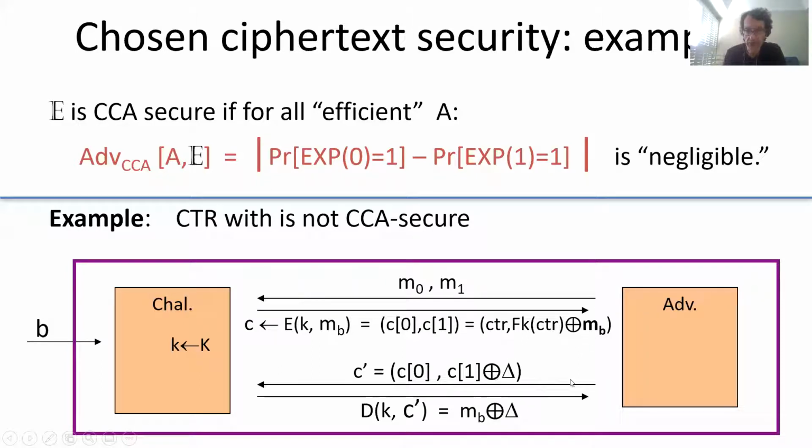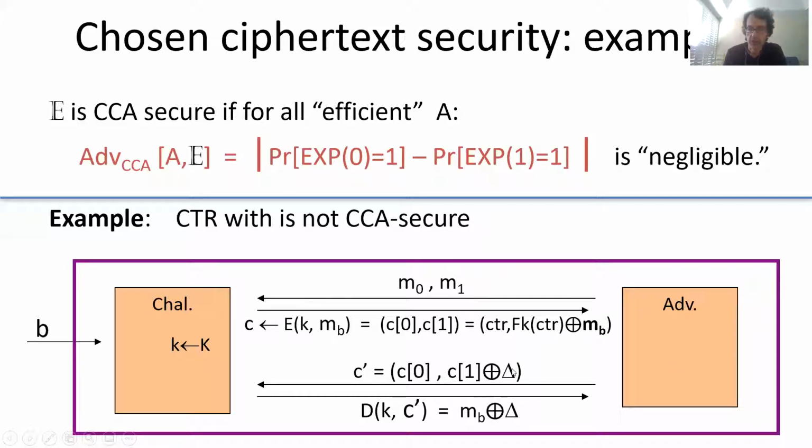And note, the attacker can do it without knowing what's inside here. He knows that this is counter mode, so he knows that this is a counter, and this is an FK of the counter XORed with some plaintext. He doesn't know, is it this one or this one? But he blindly XORs with a delta, and that is a ciphertext which is different, and its decryption is MB XOR delta.